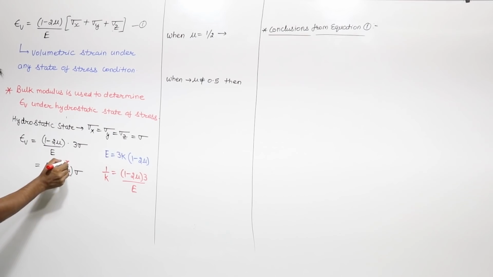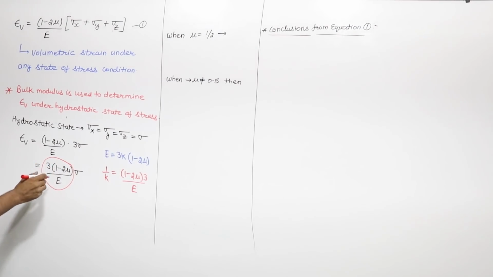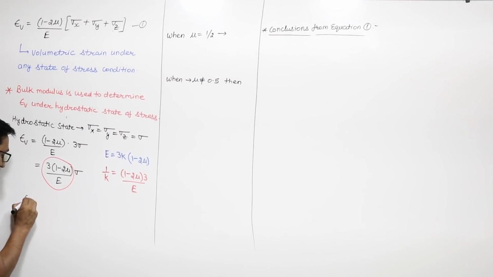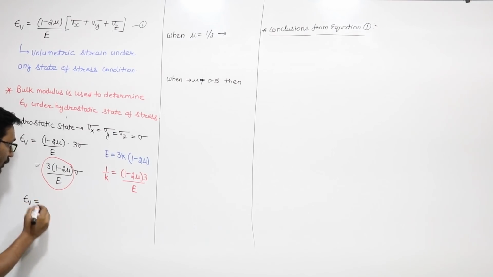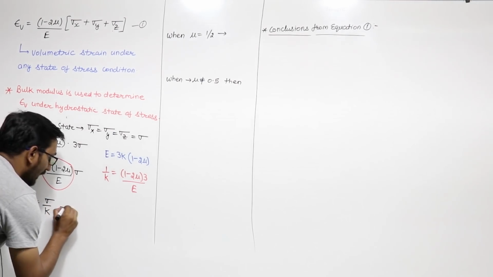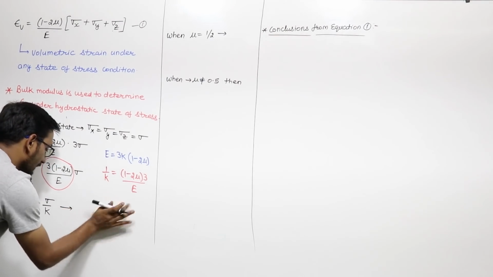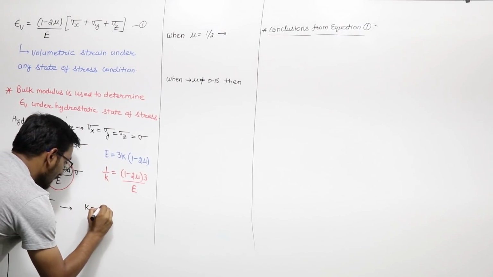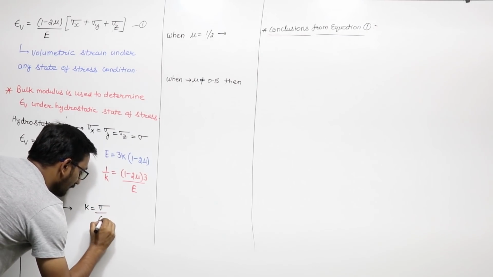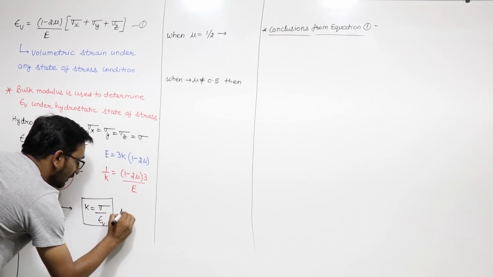So this value, 3 into (1 minus 2 mu) upon E, I can represent as 1 by K. So the volumetric strain will be equal to sigma upon K, and from here you can write K is equal to sigma upon volumetric strain. This is the definition of the bulk modulus.